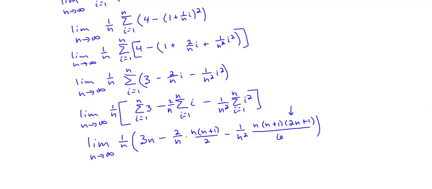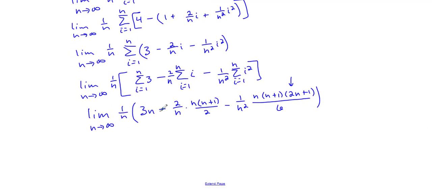Okay, next step, what I do is I distribute my 1 over n. And notice what's going to happen. It's going to cancel that n, it's going to cancel this n, and so on and so forth. So limit as n goes to infinity. If you don't feel comfortable canceling, just write it as 3n over n, minus.